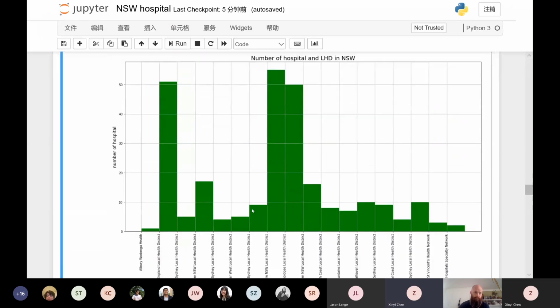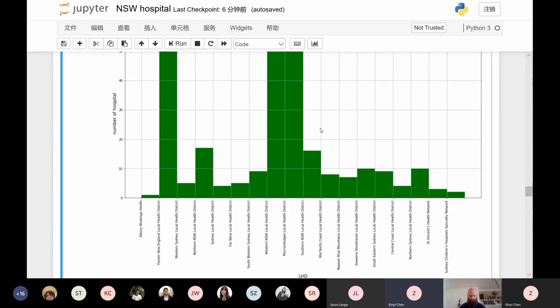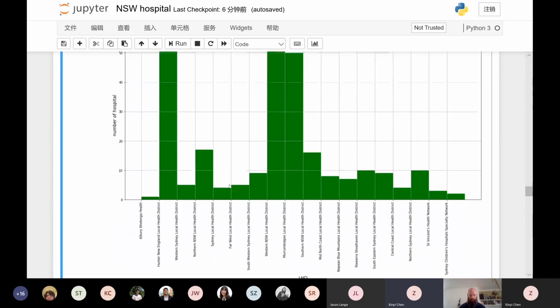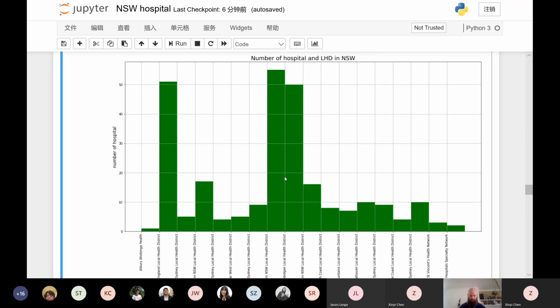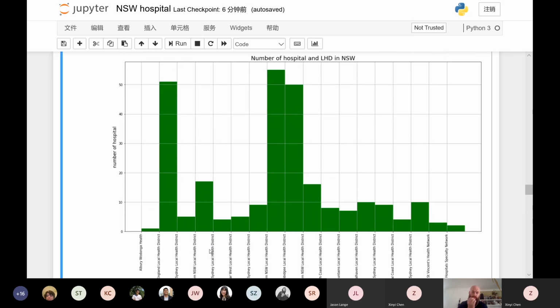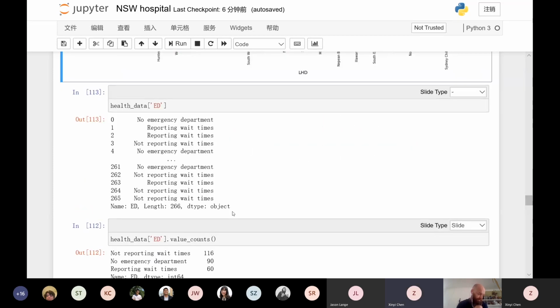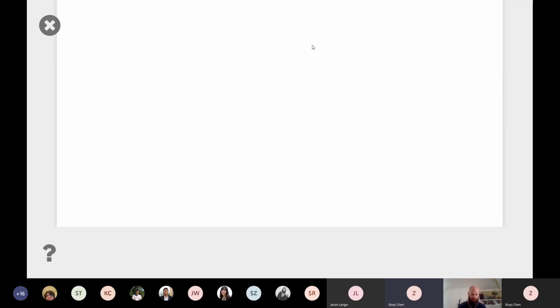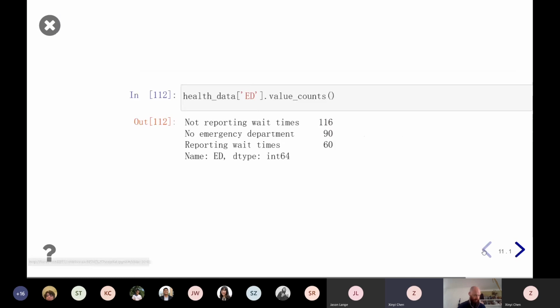The graph is too big, so I can't show it in the slide. So here is the district. And I also have the health data for the ED, and I counted it.